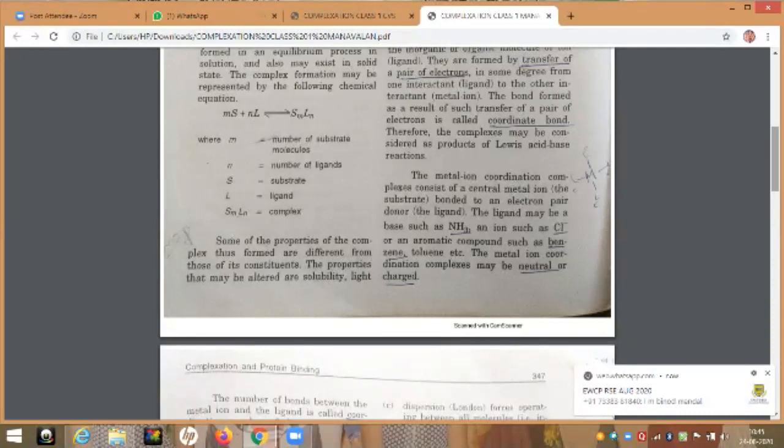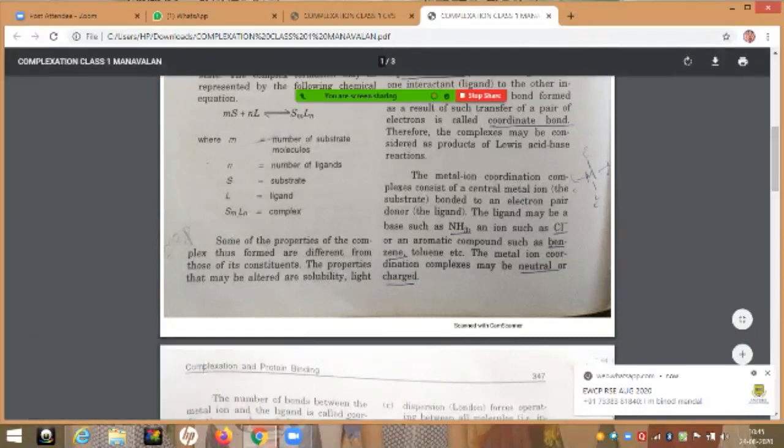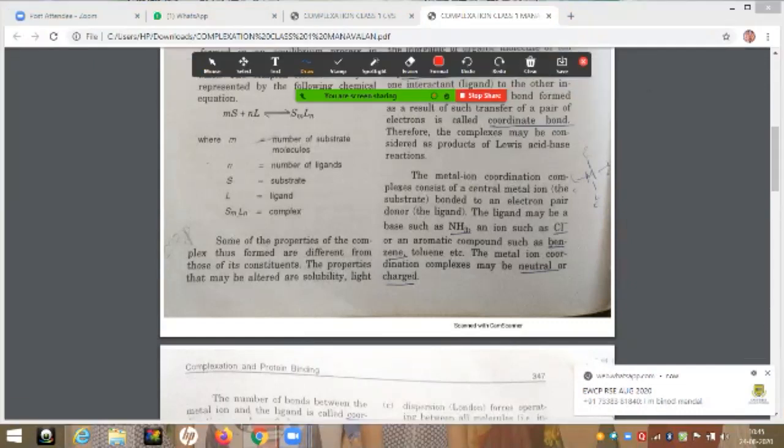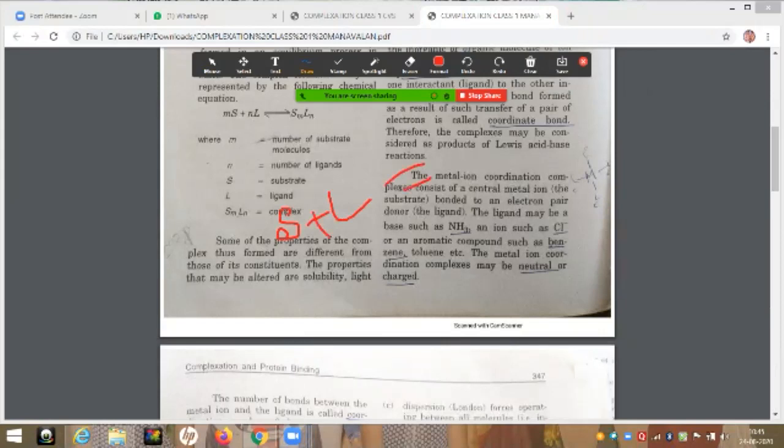Now, what are the properties which will change? See, the ligand and the substrate will have their own physicochemical properties, but when they club together to form this complex, there will be a change in the individual properties of these substances. There may be a change in properties such as solubility, or there may be a change in properties such as light absorption.